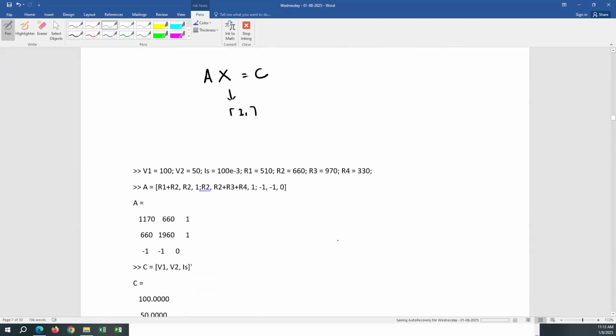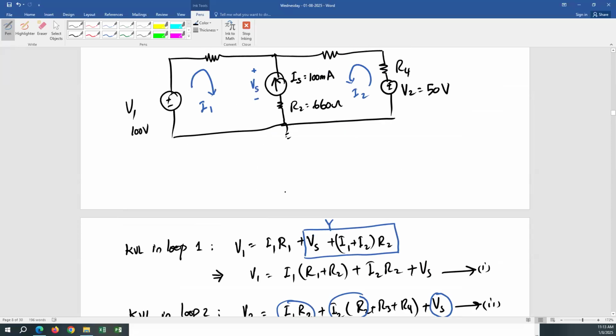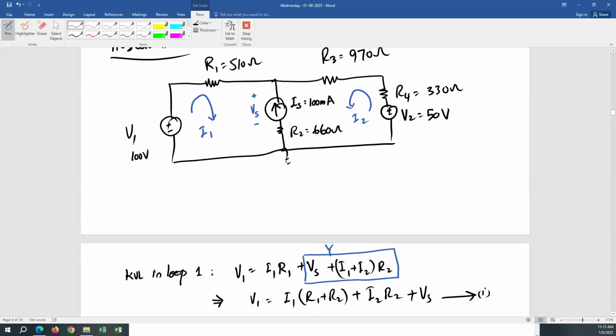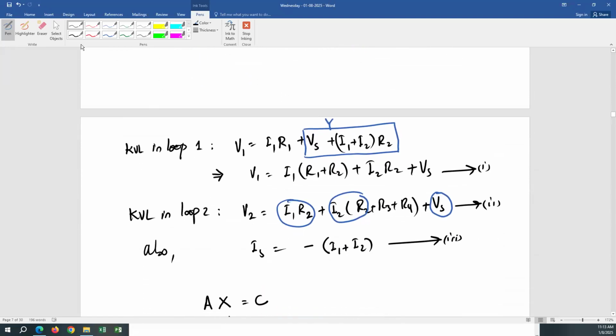Let me write it down and tell you. From equation number 1, my variable y is V1 minus I1 R1. And from equation number 2, I can rewrite this equation to show you.